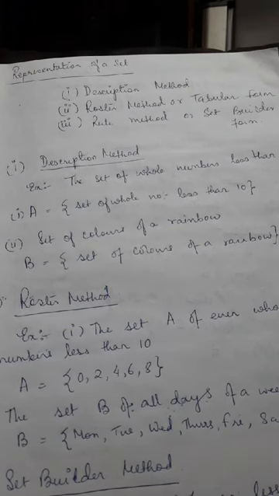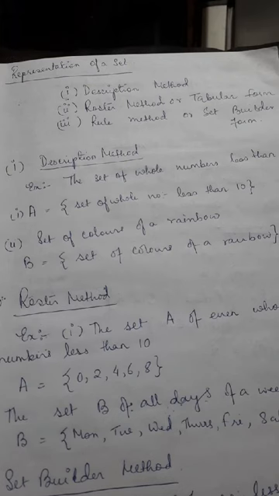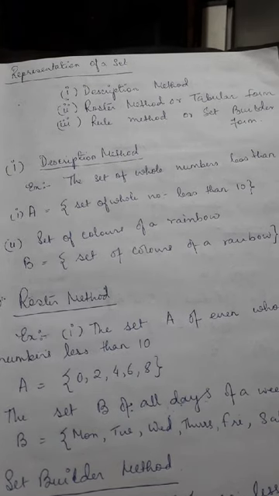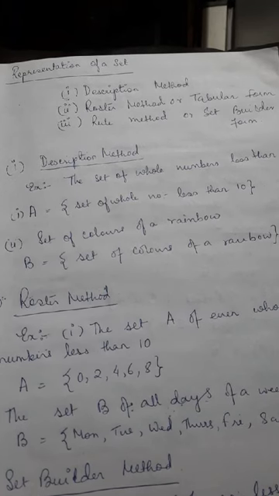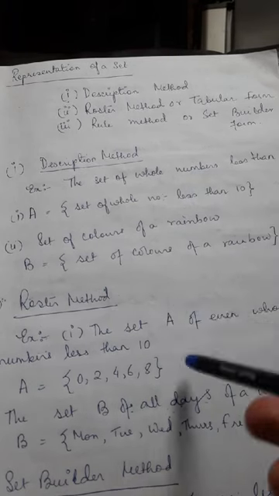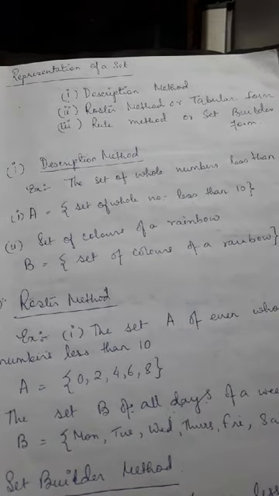These are the members of the set and they are separated by commas. The roster method is a very easy method of writing a set. Whatever the question is, you identify the members of the set, write them within curly brackets, separate them by commas, and check that the members are not repeated. That is what the roster method is all about.